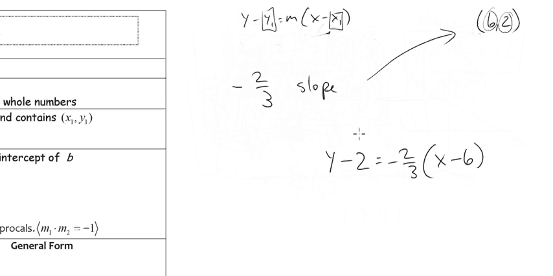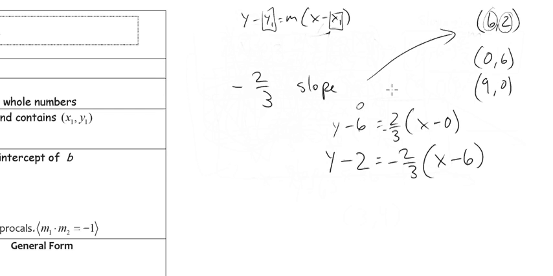We could have also plugged in the point 0, 6, so y minus 6 equals negative 2/3 times x plus 0, or minus 0. It's kind of irrelevant whether it's plus or minus 0. It went through the point 9, 0, so that could also be y minus 0 equals negative 2/3 times x minus 9.